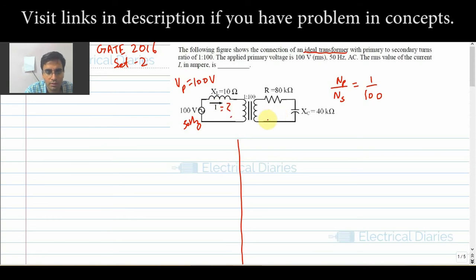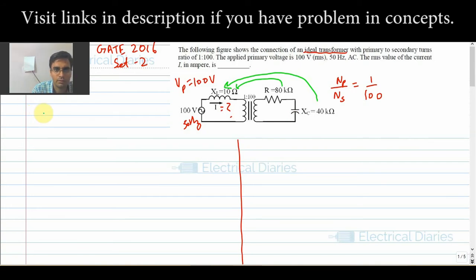I don't think there is any tricky part. You just have to shift these parameters to this side, and this question can be solved easily. So let us shift them.